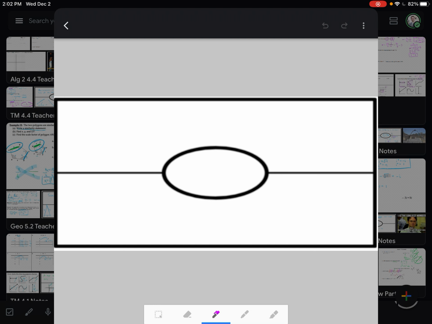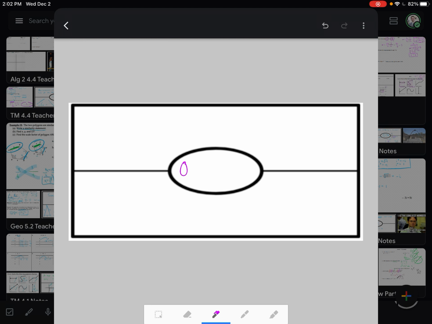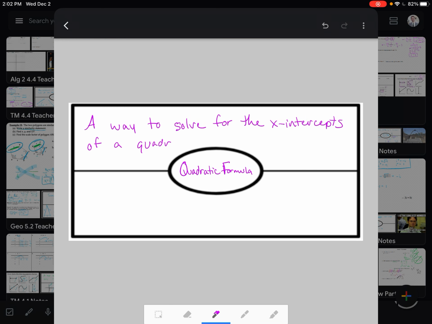So that's our definition for today, quadratic formula. And for this, it's just a way to solve for the x-intercepts of a quadratic function in standard form.